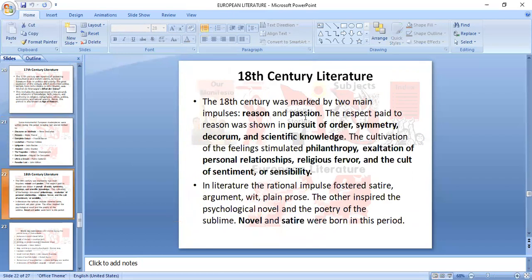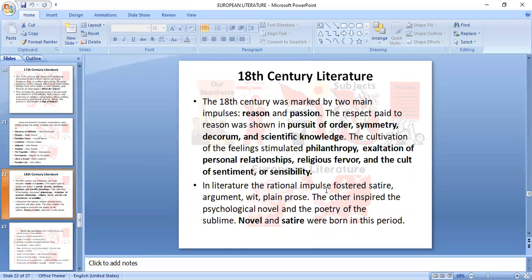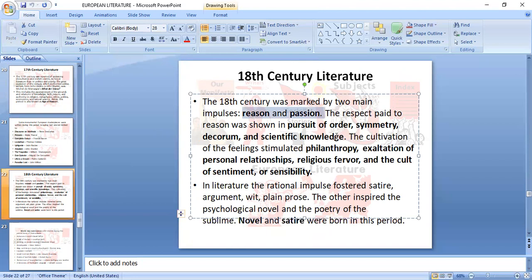Next, let's move on to the 18th century literature. If the 17th century is about the age of reason, then the 18th century is about reason and passion. The respect paid to reason was shown in the pursuit of order, symmetry, decorum, and scientific knowledge. The cultivation of the feelings stimulated philanthropy, exaltation of personal relationships, religious fervor, and the cult of sentiment or sensibility.